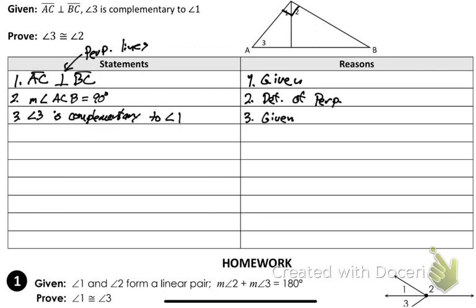Define complementary. And what does complementary mean? 90 degrees. So these add up to 90 degrees. So step 4 is measure of angle 3 plus measure of angle 1 equals 90 degrees. Definition of complementary.